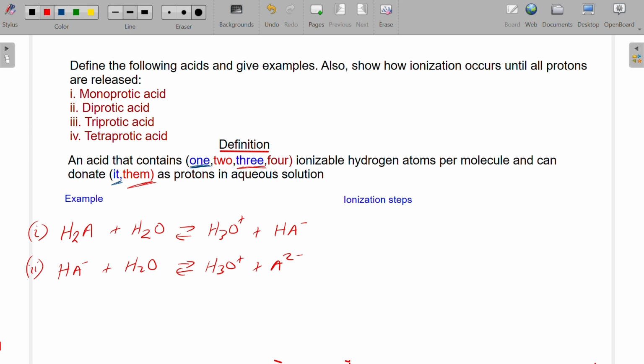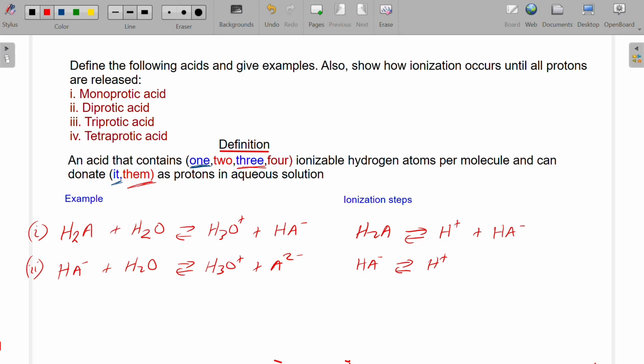So for a simple dissociation, again, this can just be like this. You're putting H₂A in water, and you don't show the water. On the other side, you're just going to have a representation in form of H plus, and then this is going to give us on the other side HA minus. Then when you put HA minus here again, you're not showing water.